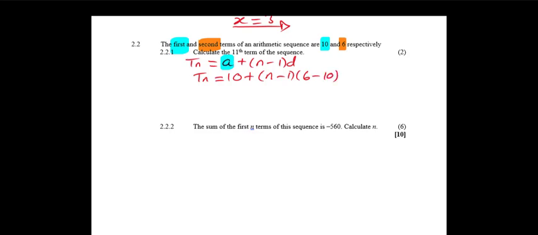So 6 minus 10 will give me the difference. Now n is 11, so the 11th term would be 10 plus 11 minus 1 times 6 minus 10, which is minus 4. So the 11th term will be negative 8 if you punch your calculator.